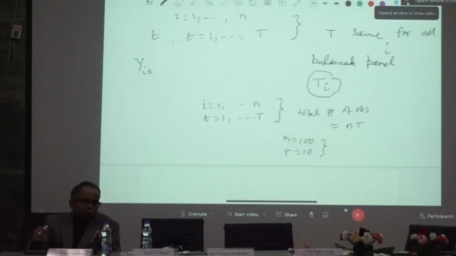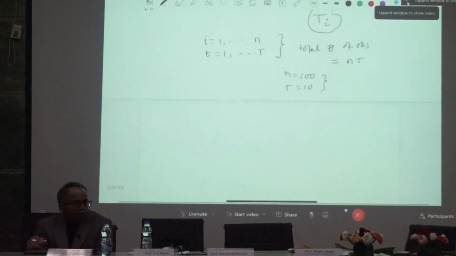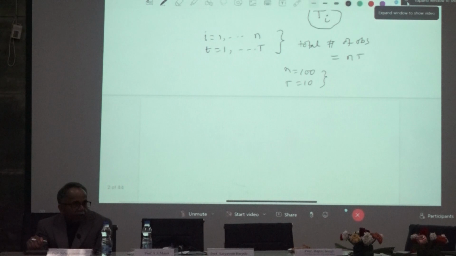But one thing we know from a statistical point of view is that the distribution of beta hat, the estimates, is going to get closer and closer in some sense to the true parameter as the number of observations increases. So that's basically the advantage of having a panel.